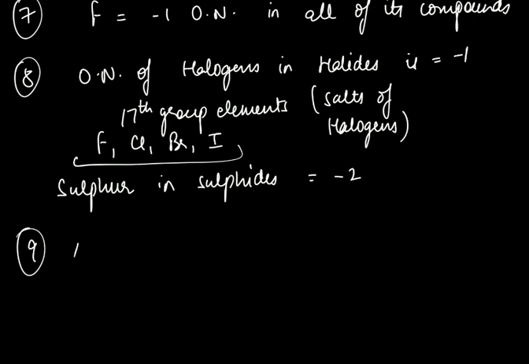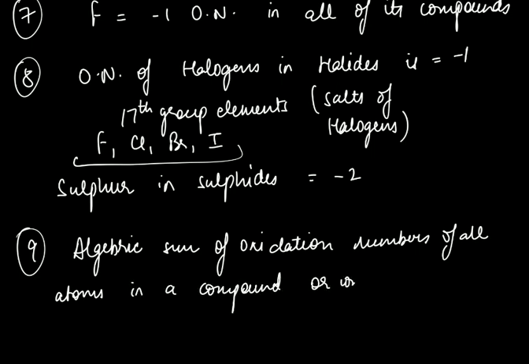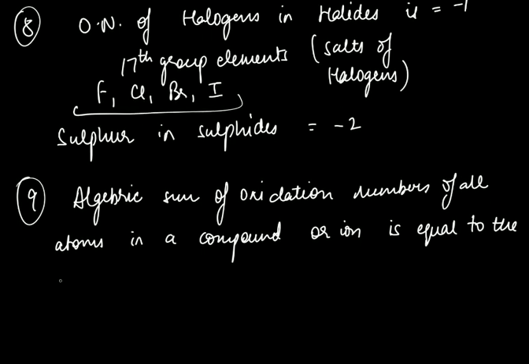Then we can write: the algebraic sum of oxidation numbers of all atoms in a compound or ion is equal to the charge on it.